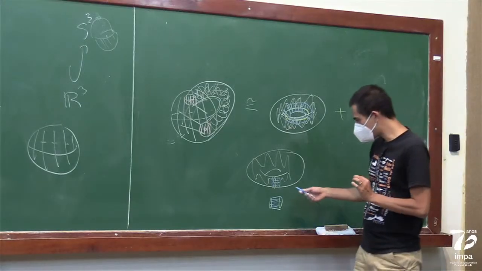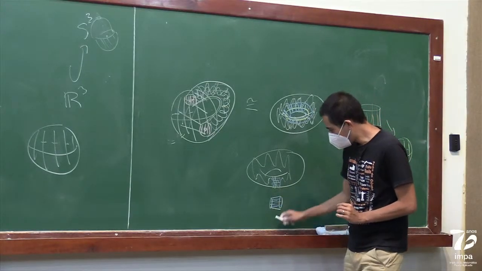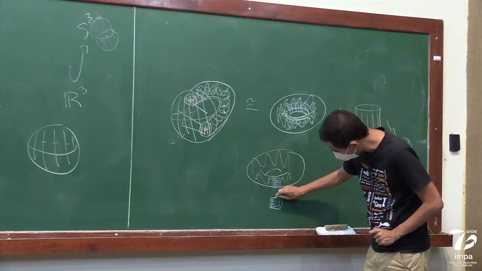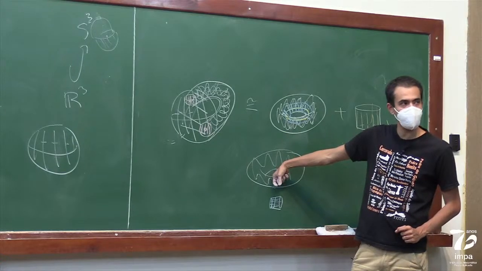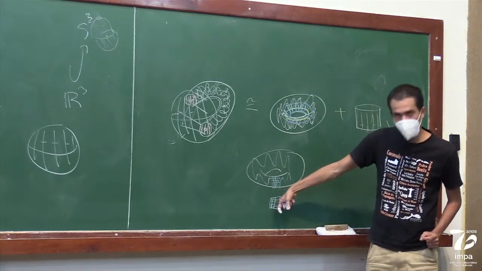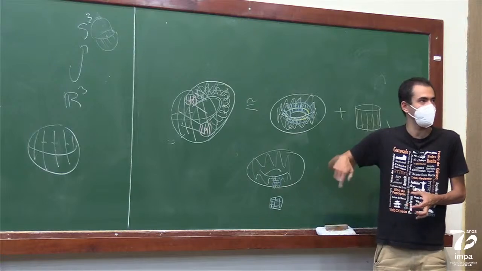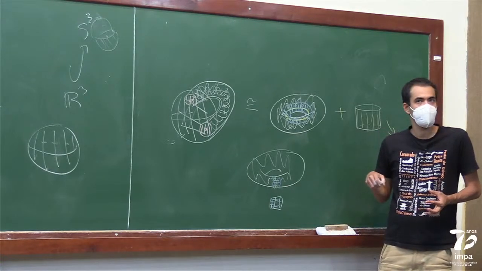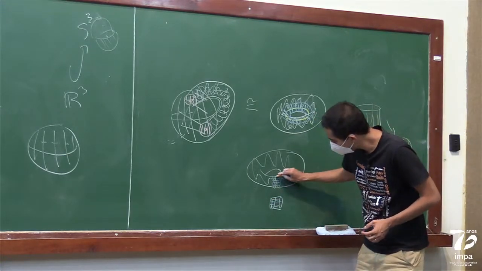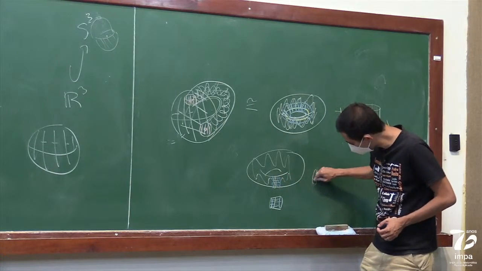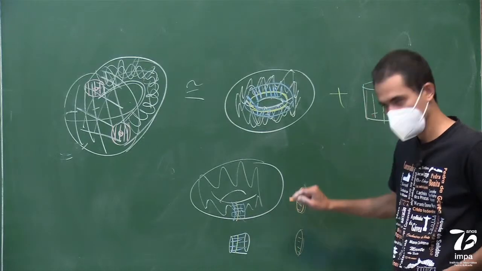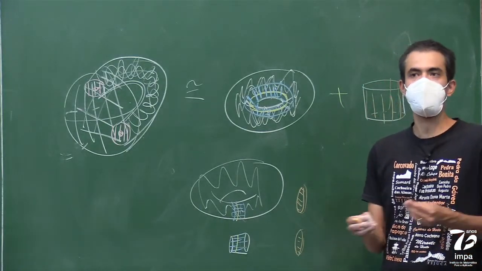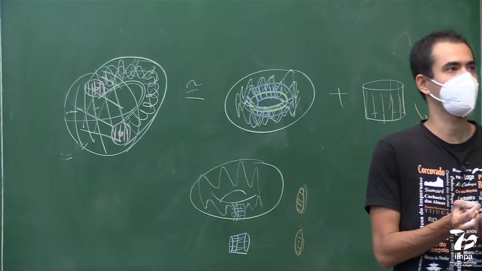What you obtain is maybe a little hard to see, but what's happening is that for each slice here, you have a two-dimensional disk in the solid torus, and you're gluing it to another two-dimensional disk along the boundary of the disk. So what's a disk glued to a disk along the boundary?